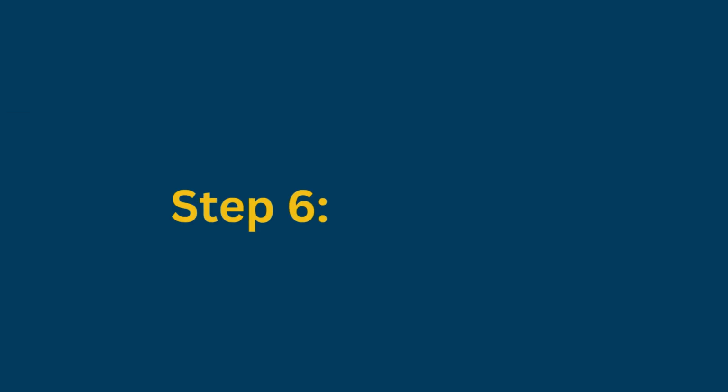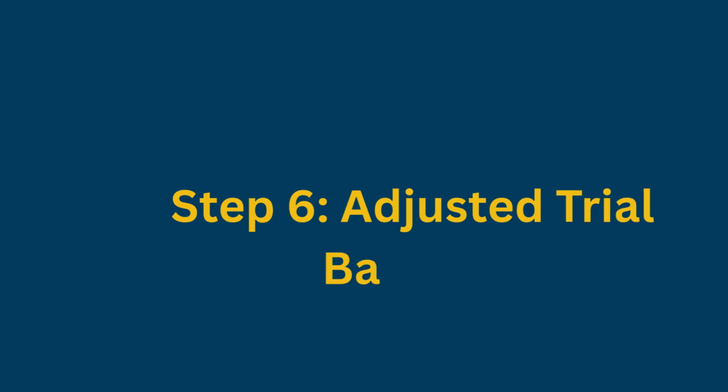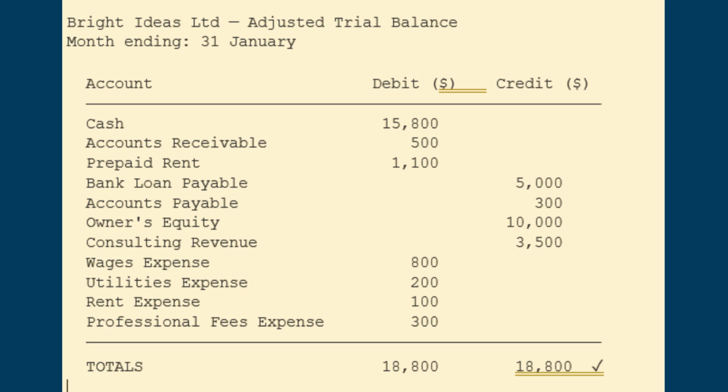Step 6. Adjusted trial balance. After all the adjusting entries are posted, we prepare a second trial balance, the adjusted trial balance. Same format as before, every account, every balance, totals must match. The difference is that this one reflects all the corrections too.